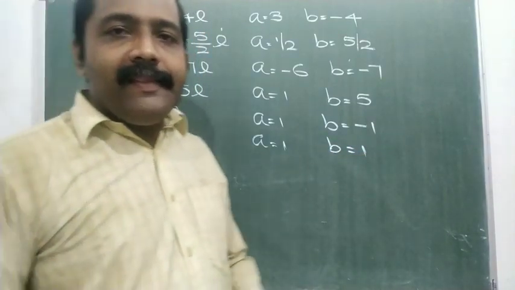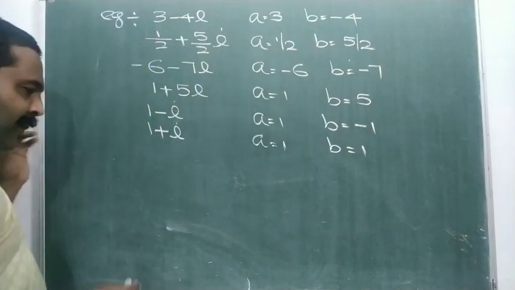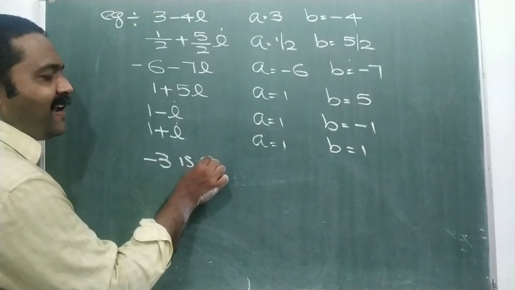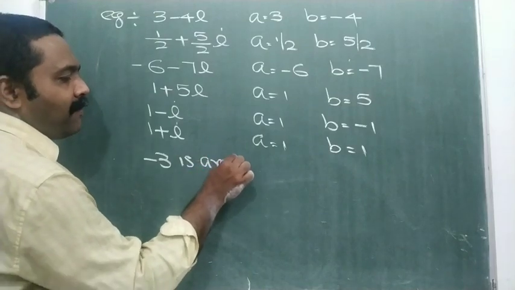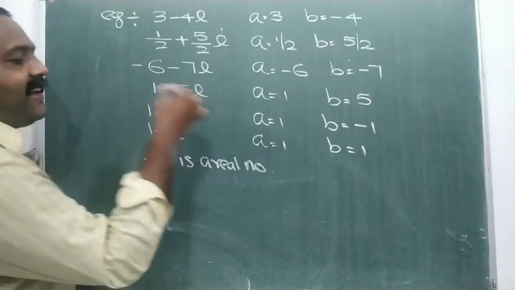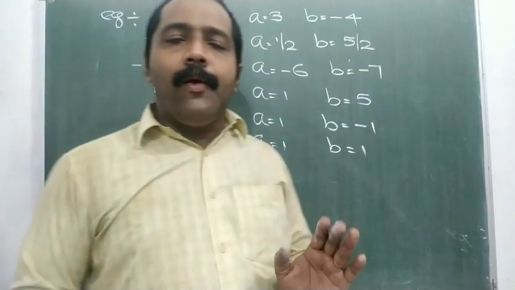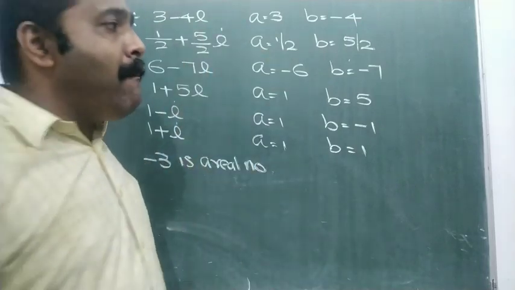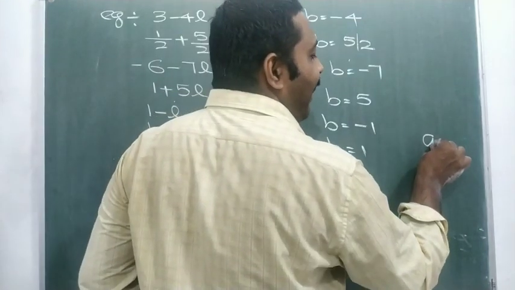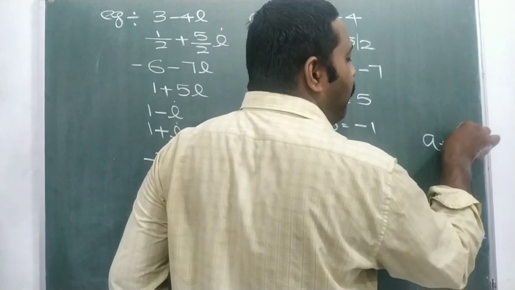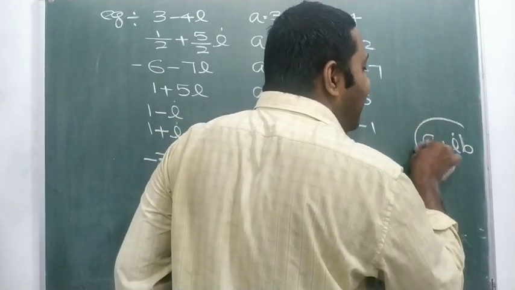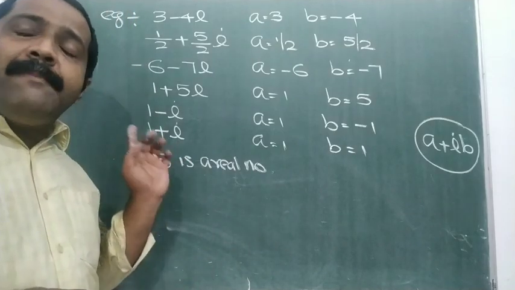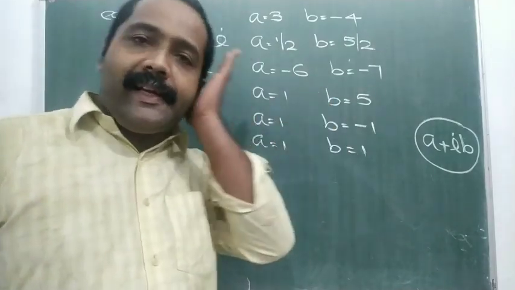Okay. Then look here. Minus 3 is a real number. Okay. We have to change this minus 3 into the complex number form a plus ib. Here there is no imaginary part.